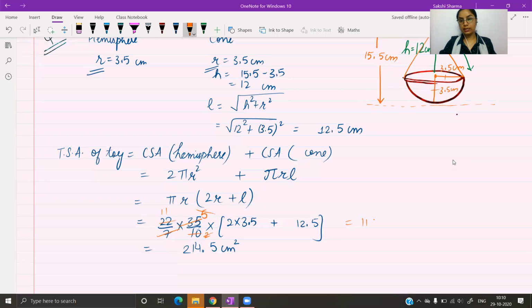So this actually is 11 into 19.5, and it gives you 214.5 centimeter square. You can also calculate them separately and add, but it will be a little more work. And once you write like this, it's easier taking things common if there are.